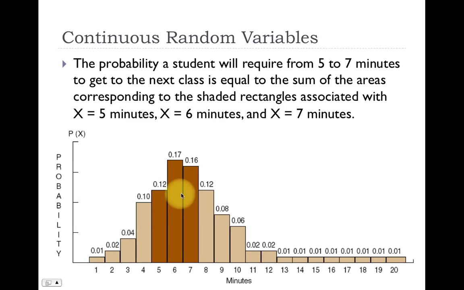The area of the three rectangles is the sum of their probabilities, and therefore the probability that it will take a student from 5 to 7 minutes to get to class is the sum of those three rectangles, which is 0.45 or 45%.